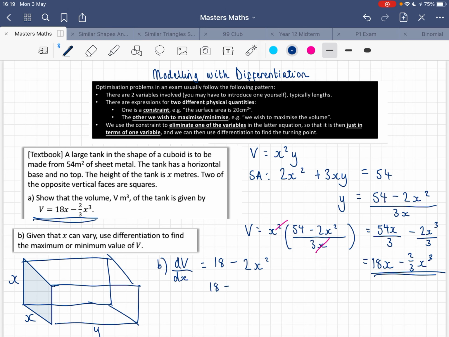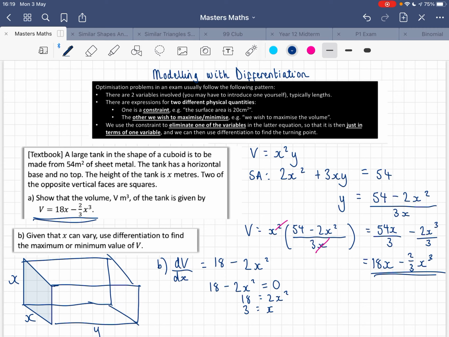We need to put that equal to 0 to find the turning point, and then we get 18 is equal to 2x squared, divide by 2, and then square root. Gives me 9 is x squared, so x is equal to 3. I mean, technically plus or minus 3, but x is a length, so it can't be minus 3.